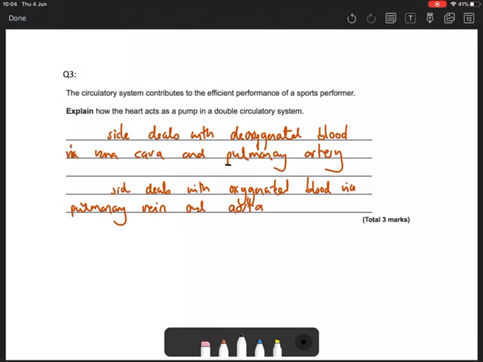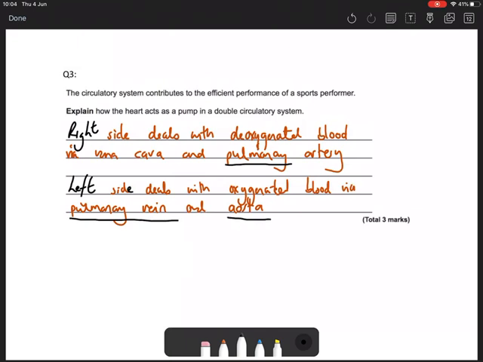And again, because it's the word pulmonary, it's going to be heading to the lungs to pick up the oxygen. And that side is the right side. Sorry about that. The left side deals with oxygenated blood.